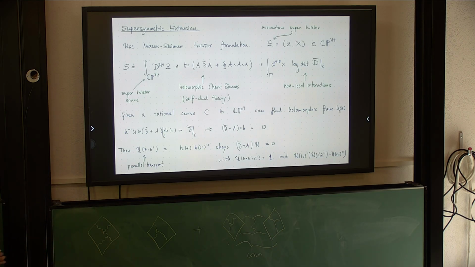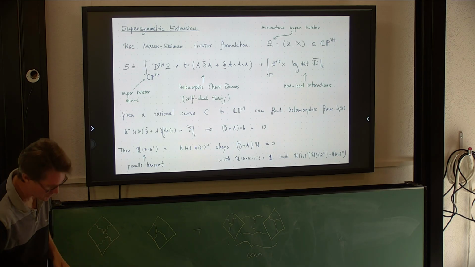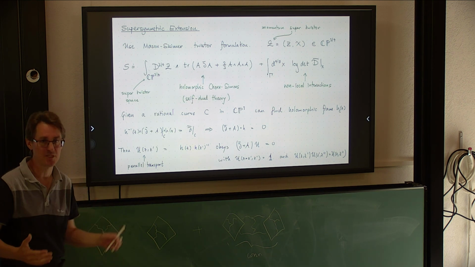Right. Now, in order to study scattering amplitudes, which have more than just gluons, they have fermions and scalars, and a supersymmetry structure that relates all those components to each other, it's useful to extend this Wilson loop picture, which we saw, to include a supersymmetry.